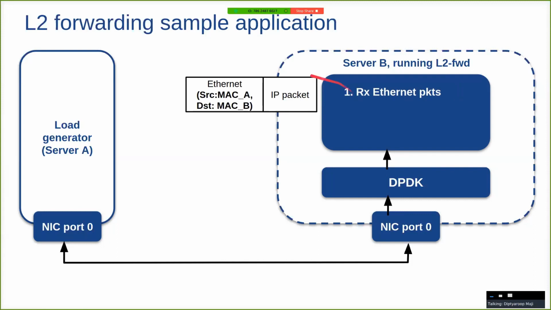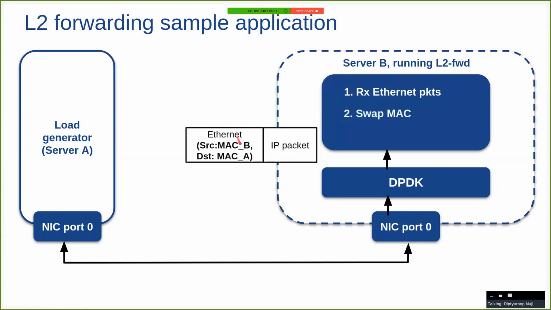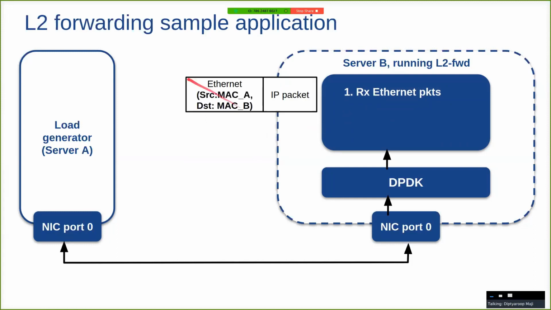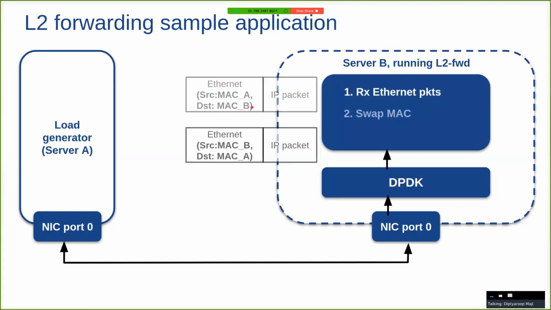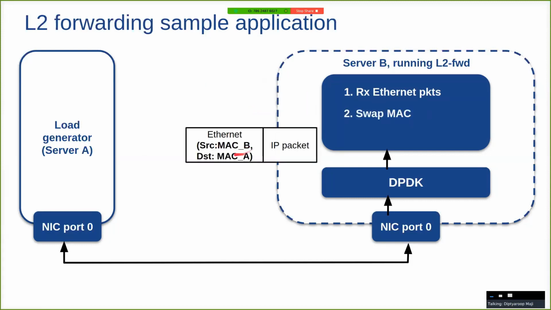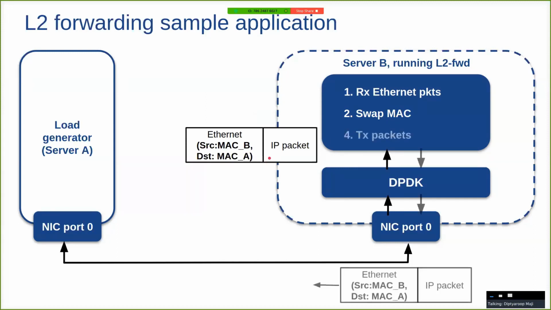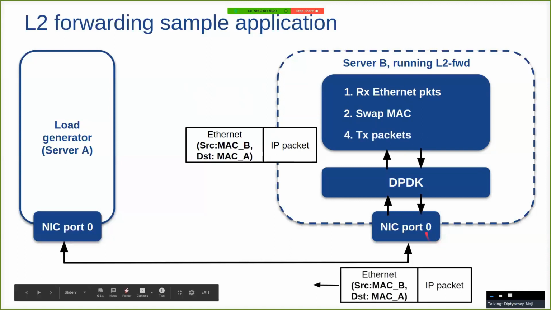Once we receive these packets in the user space, the L2 forward application will swap the MAC. Earlier the source was MAC of A and the destination was MAC of B. Now the source is MAC of B and the destination is MAC of A. So we'll swap these MACs and transmit these packets out via the NIC.